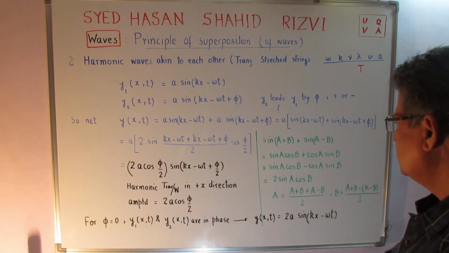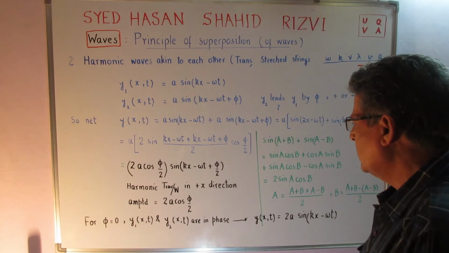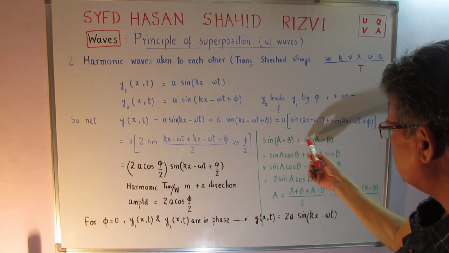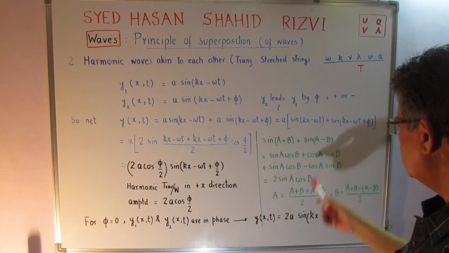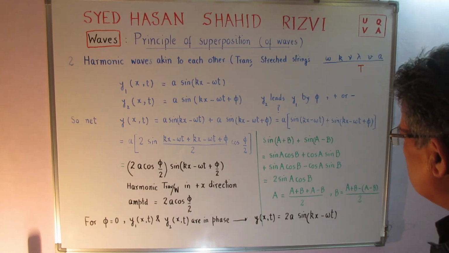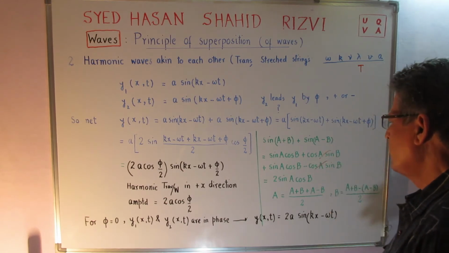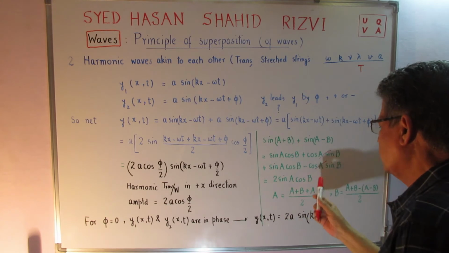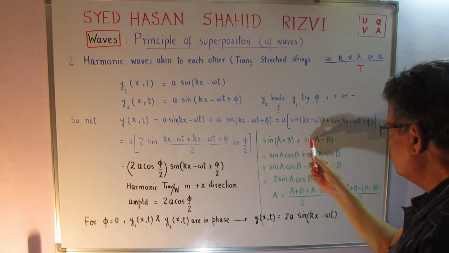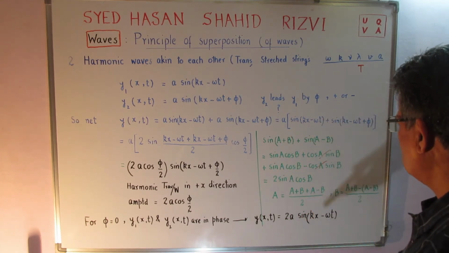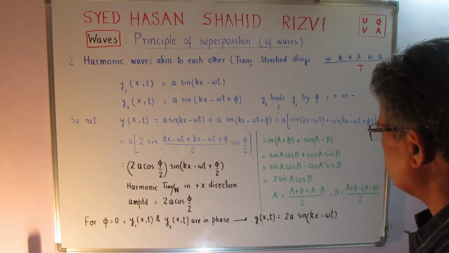Now I have a trigonometric identity, sine(A plus B) plus sine(A minus B), which I can write as sine A cos B plus cos A sine B, plus, for this one, sine A cos B minus cos A sine B. When they add together, then this part goes. So I am left with 2 sine A cos B, wherein we can say that A is equal to (A plus B plus A minus B) divided by 2, and B is equal to (A plus B minus A minus B) divided by 2.